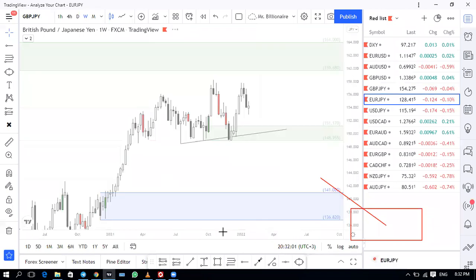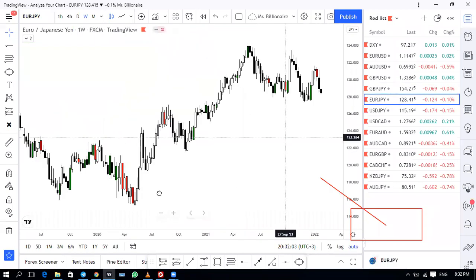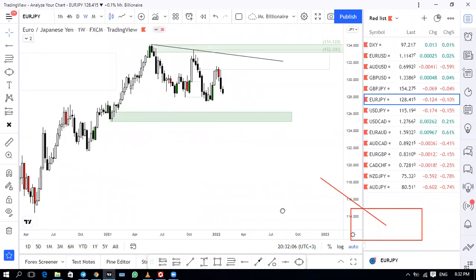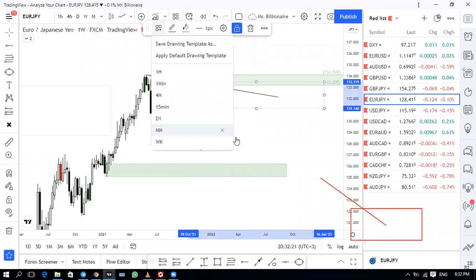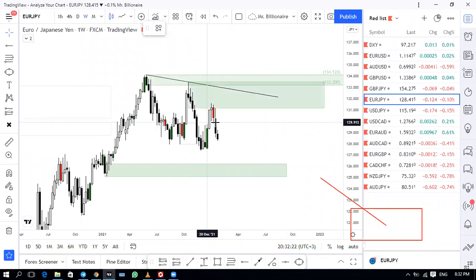Same scenario for Euro JPY. On the Euro JPY weekly time frame, we have a bearish trend. Price is bearish. So I'll be looking for selling opportunities. Weekly supply in control. This is the weekly supply. Sellers are pushing down the market.